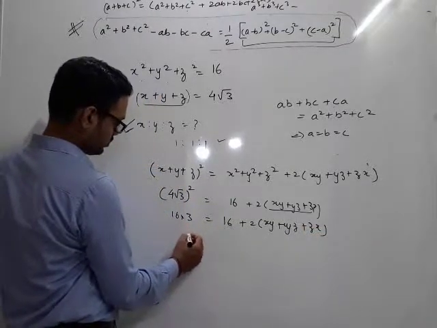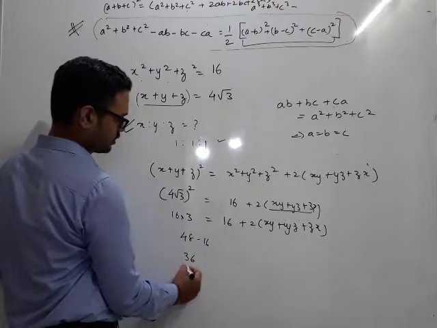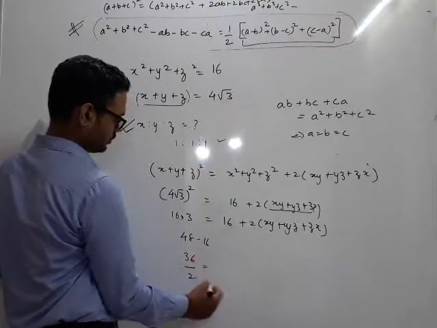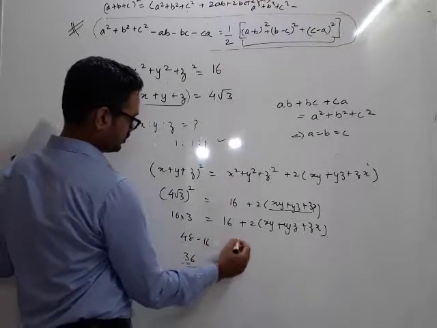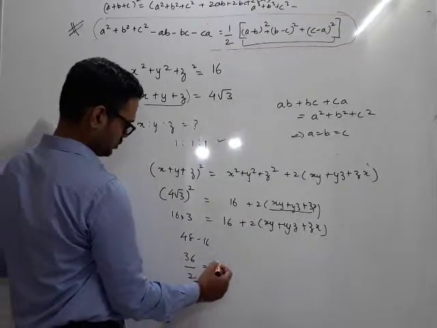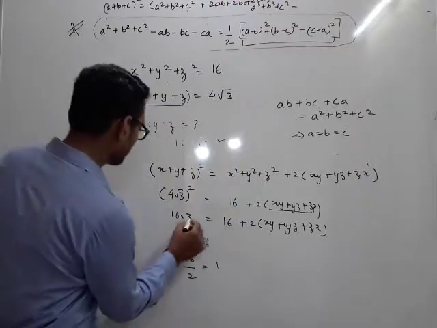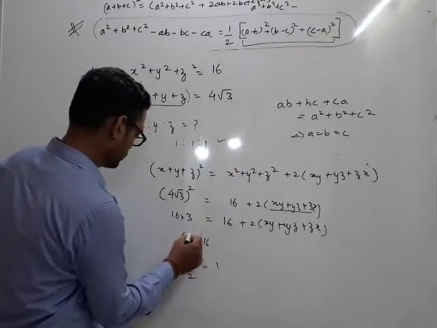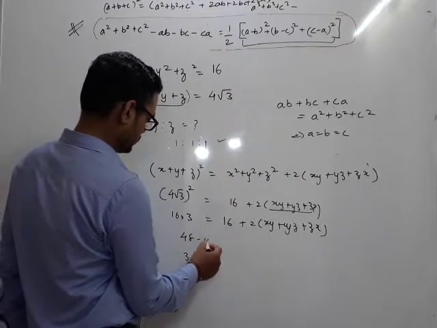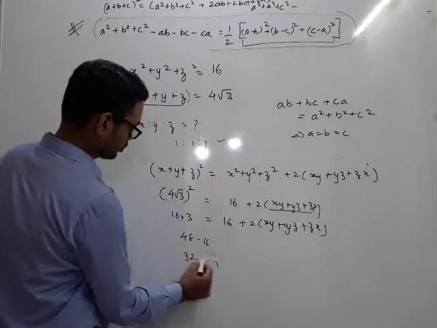So 48 minus 16, we've done some mistake, 48 minus 16 has to be 32.